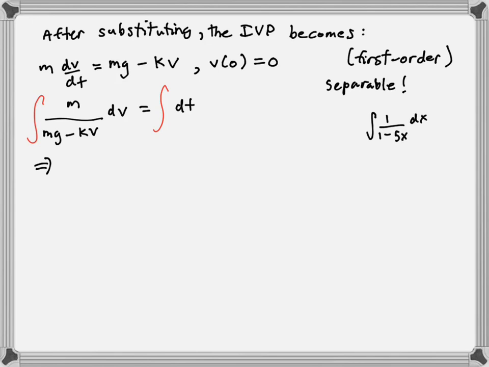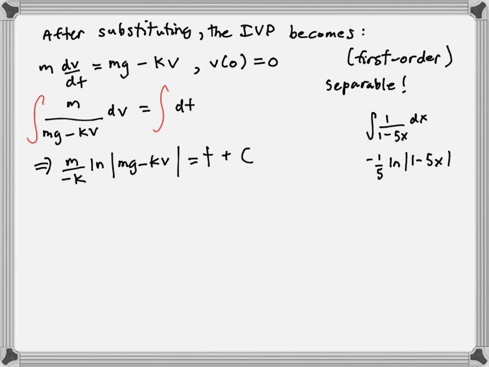It would be the natural log, but then you divide by the slope of the x, so it would be negative 1/5 natural log of 1 minus 5x. We can use the exact same thing here. This would be m over negative k times the natural log of the absolute value of mg minus kv. On the right side, we just have t, plus c.